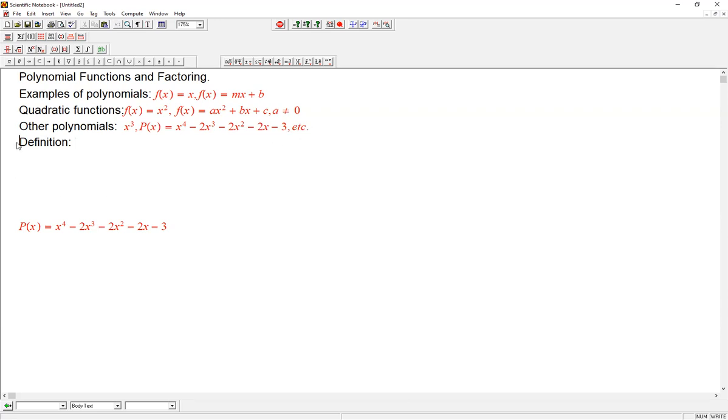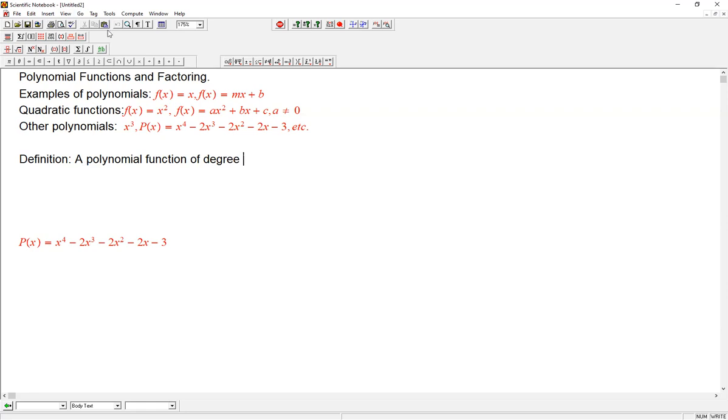So in general, the definition of polynomial goes like this. A polynomial function of degree n is a function of the form, and we're going to look at a more specific form.